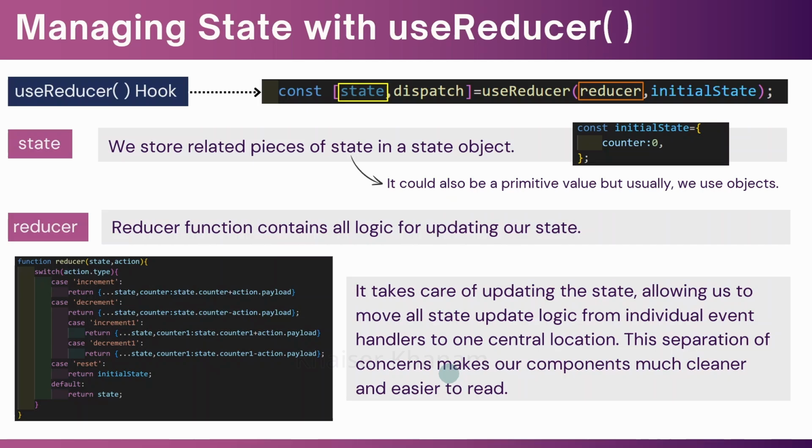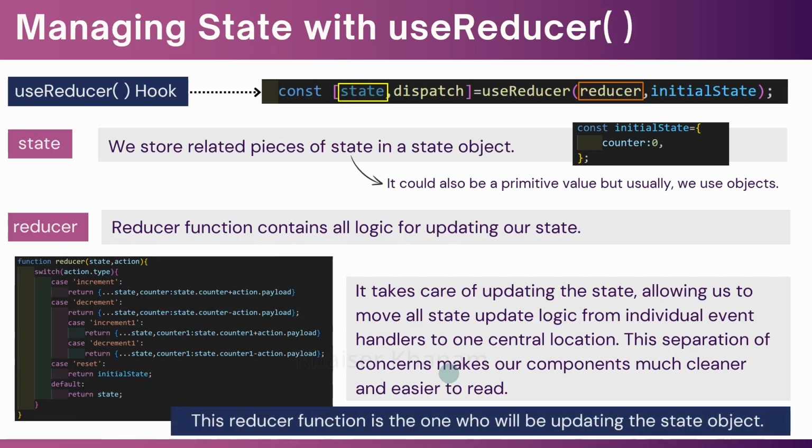At one central place, we shift all the state update logic, and this reducer function is the one that updates our state object. Whatever operation we do on the state is performed inside this reducer function.